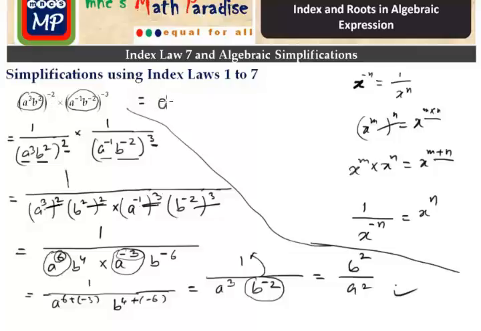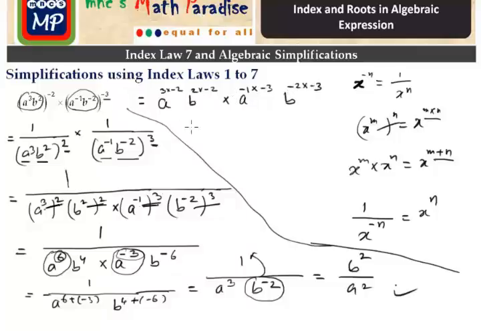So it will be a to the power 3 times minus 2, b to the power 2 times minus 2. Here also this minus 3 power will be multiplied with every power within its scope. So a to the power minus 1 times minus 3 and b to the power minus 2 times minus 3.